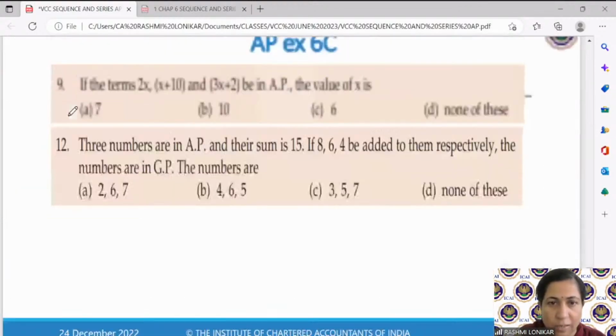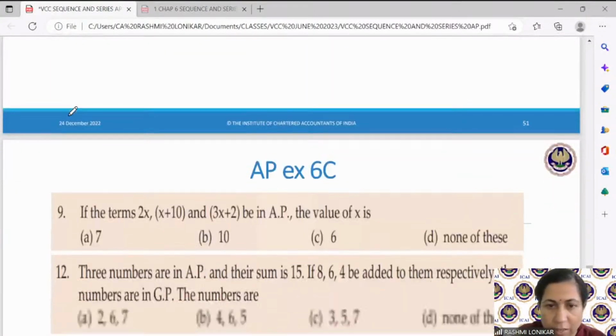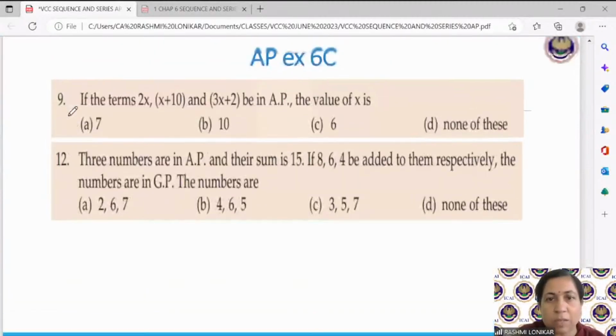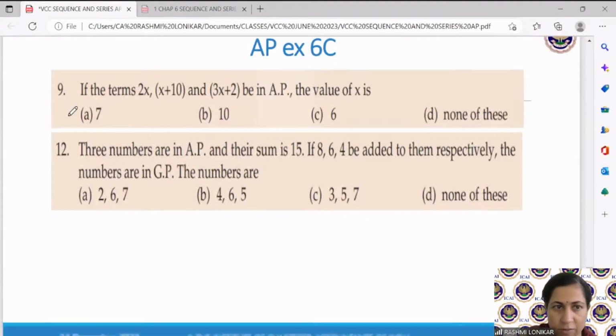Now let us go to exercise 6C. There are mixed sums over there between AP and GP, but we will be taking the ninth sum from exercise 6C. And that is, if the terms 2x, x plus 10 and 3x plus 2 are in AP, find the value of x.